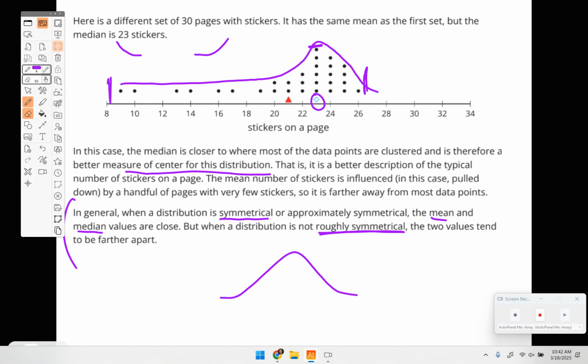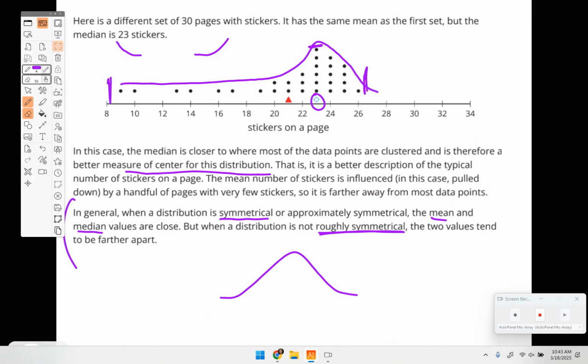All right. For each of the dot plots or the histograms, predict if the mean is greater than, less than, or approximately equal to the median and explain your reasoning. So underneath heights of 50 basketball players, would we say that the mean, the average, is going to be greater than, less than, or approximately the same as my middle number?